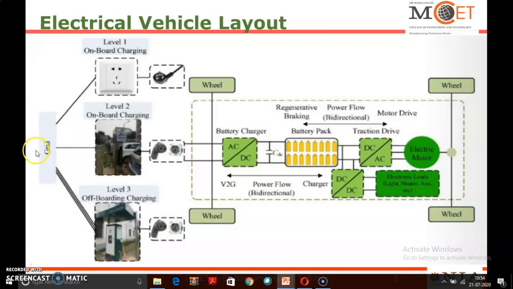Conventional energy sources depend upon fossil fuels for electricity generation, and they emit a large amount of carbon dioxide into the environment. Hence, the environment gets polluted due to this.